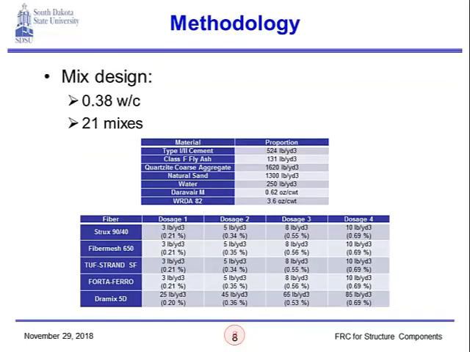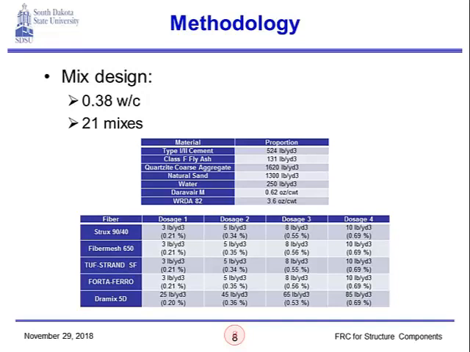Now for the mix design, we chose a standard mix that's used by South Dakota DOT. The water cement ratio was 0.38, and we had 21 mixes. All of them had the exact same proportions of cement, fly ash, coarse aggregate, sand, water, and chemical admixtures.